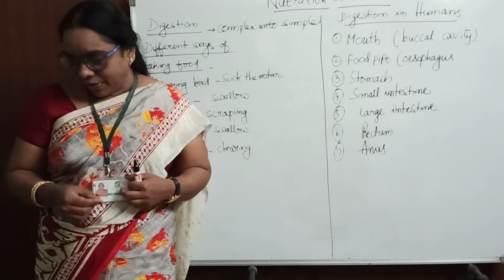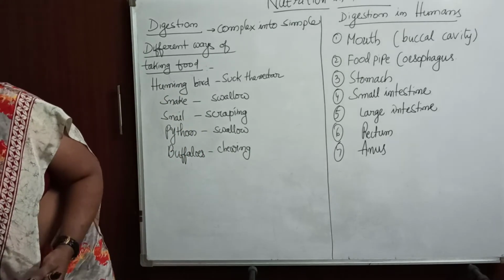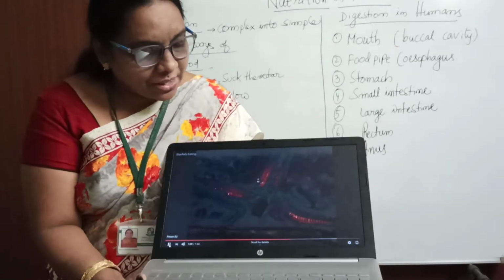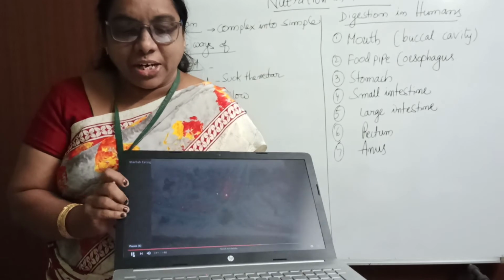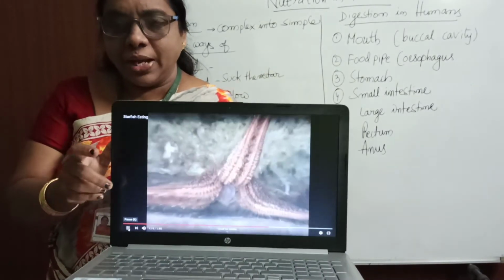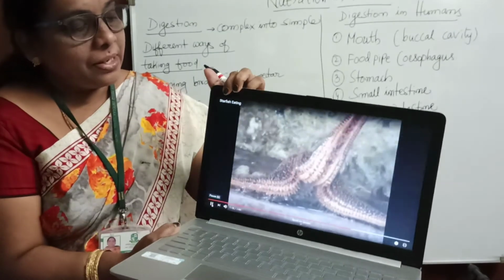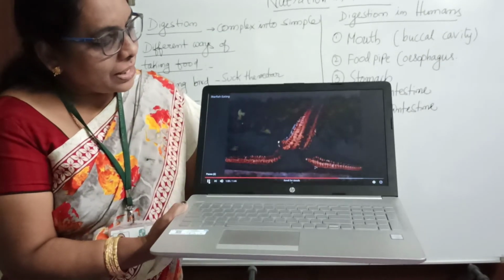If you watch the video, you can see what the starfish is doing here. This hard shelled animal is made up of calcium carbonate. Let's see what is happening here.